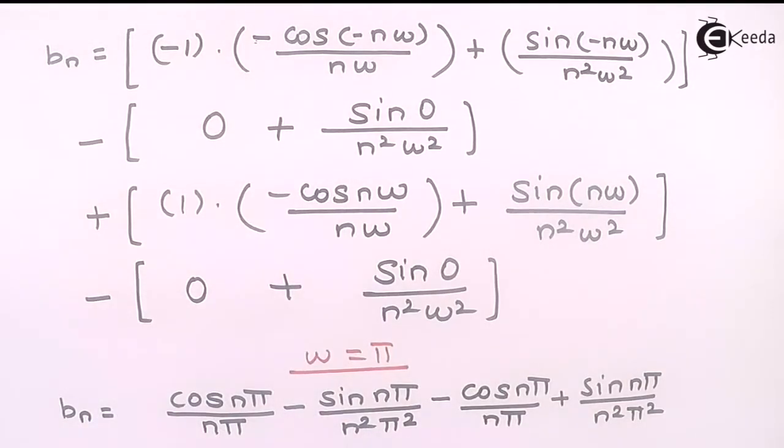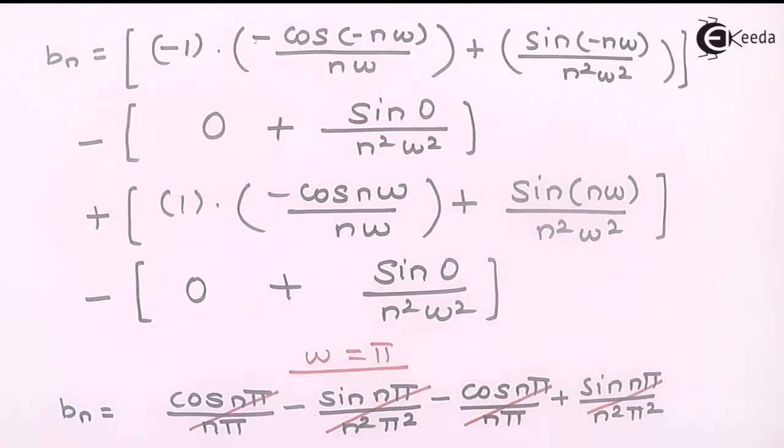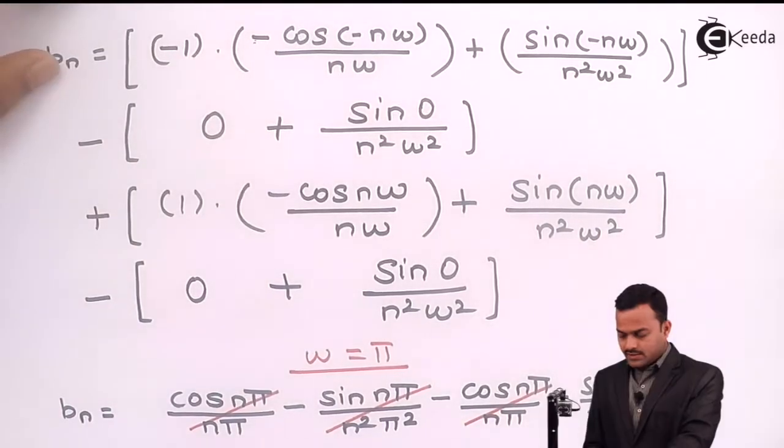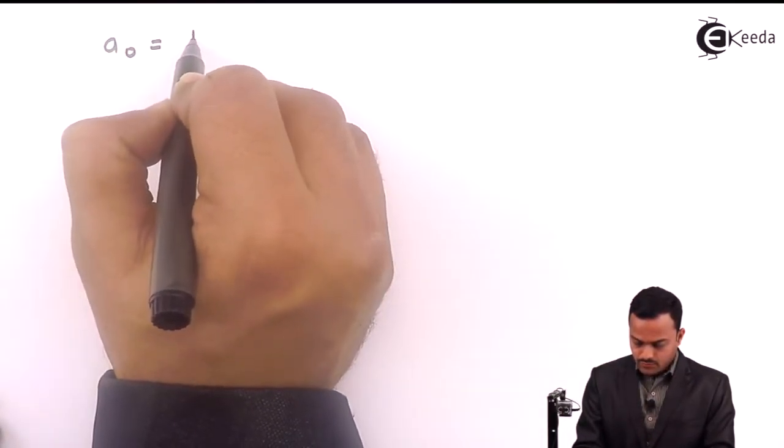So now it's a very simple expression. We'll get cos n pi upon n pi minus cos n pi upon n pi get cancelled. Sine n pi by n square pi square minus sine n pi by n square pi square get cancelled. So in the end, what will I get Bn as? Bn I will get equal to 0. So now all three coefficients we obtained. A0 we obtained 1 by 2.